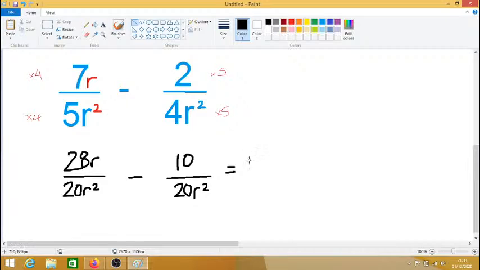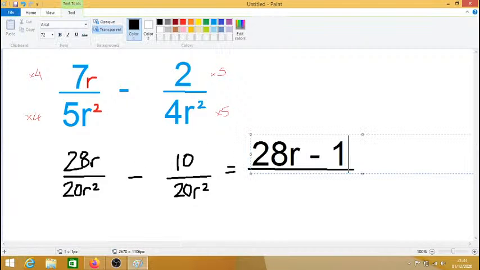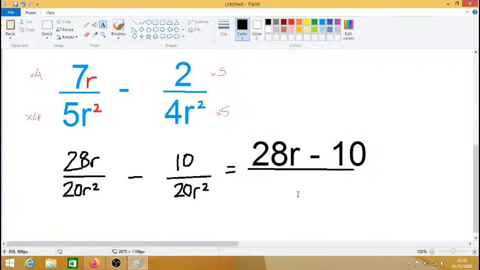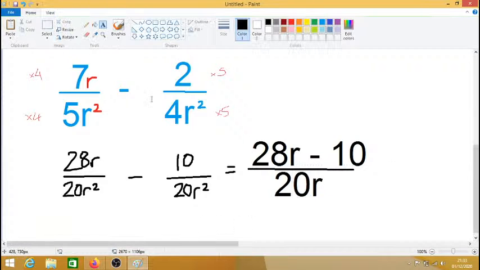I can go ahead and subtract the top. So it's 28r subtract 10, which I can just write as 28r subtract 10. And on the bottom, I've got 20r squared as my denominator. And then I'm just looking to see if I can spot anything I can simplify by.